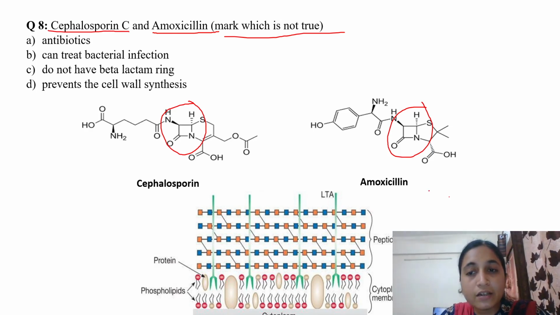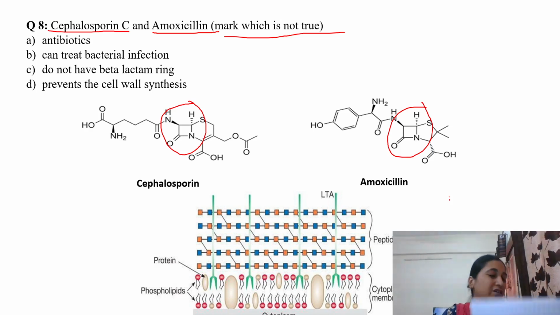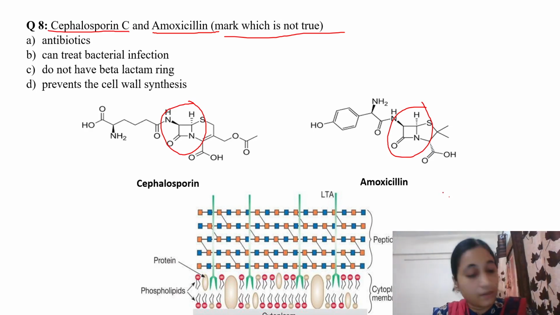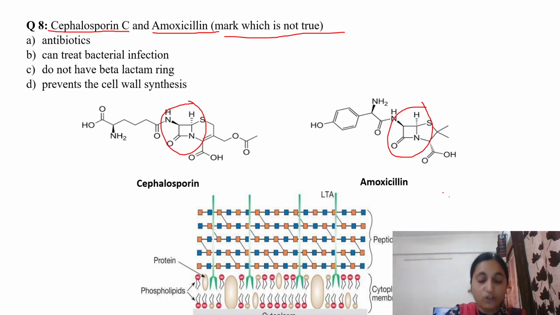NAM is N-acetyl muramic acid, and NAG is N-acetyl glucosamine.